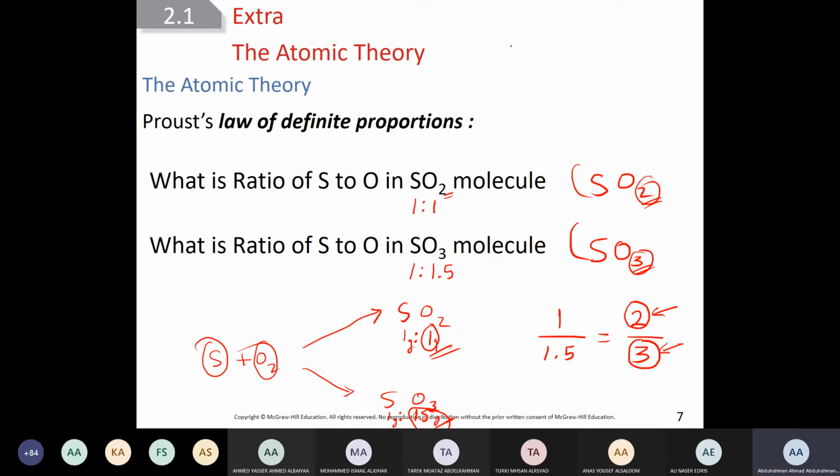Let's assume that we have N2O5 compared to NO2. Another example. What will be the ratio of oxygen to oxygen in the second example?